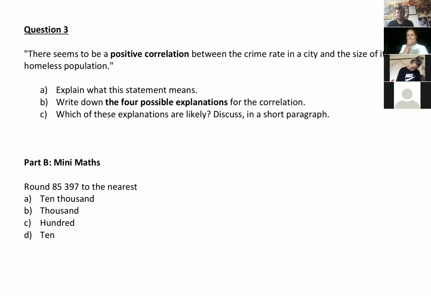The third one would be that something else causes both an increase in crime and an increase in homelessness. So that's where you're saying there's one other factor that increases the crime as well as increasing the homelessness.